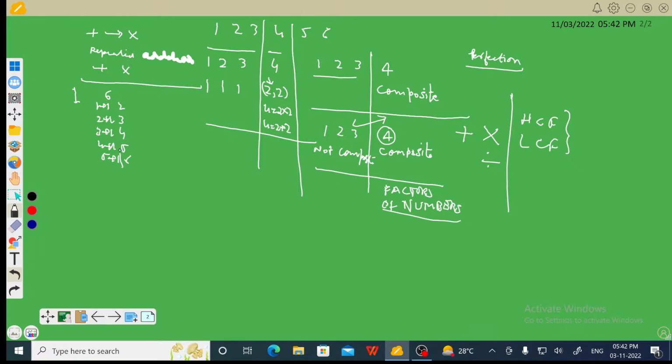So it is really a repeated addition of 1 at every step, and it is with this number of steps we reach 6. We take 2, then 2 plus 2, and 2 plus 2 plus 2. So here in 3 steps we reach number 6, and in 6 steps we also reach 6.